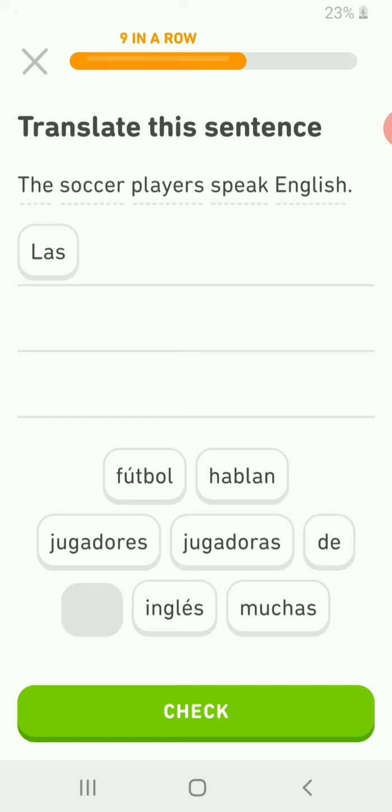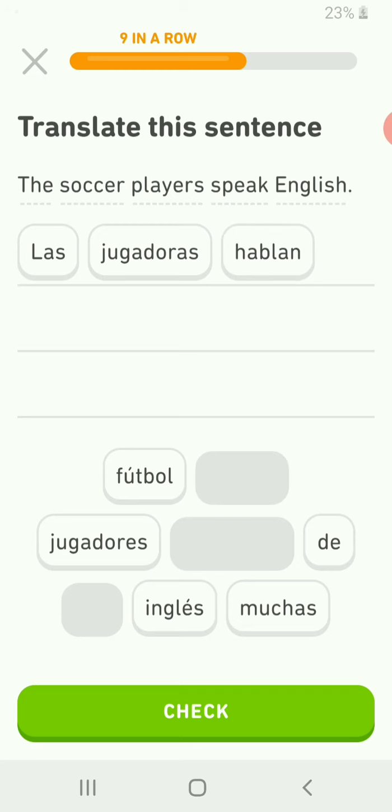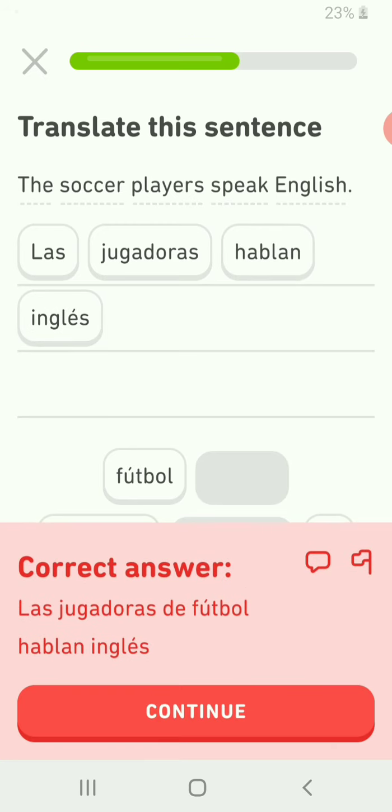Jugador, jugadores, jugadoras. So it should be jugadoras, feminine. Las jugadoras de fútbol hablan inglés. I forgot the football.